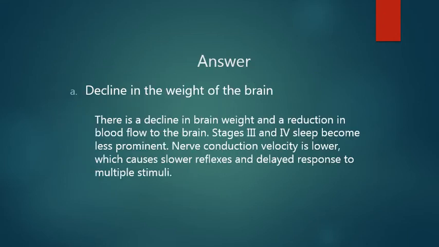It's the weight. Dehydration. Keep on thinking the older adult has less intracellular fluid, and because of that, it affects every system, and this is one where it really does. The sleep does become less prominent. The nerve conduction, remember, is going to be slower, affecting their response and their balance.